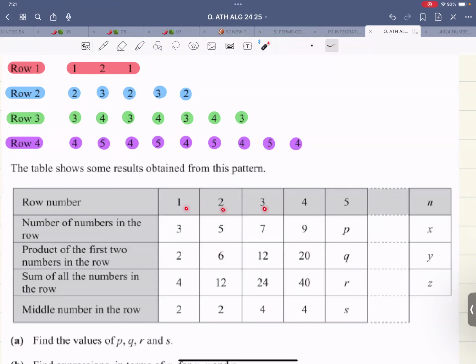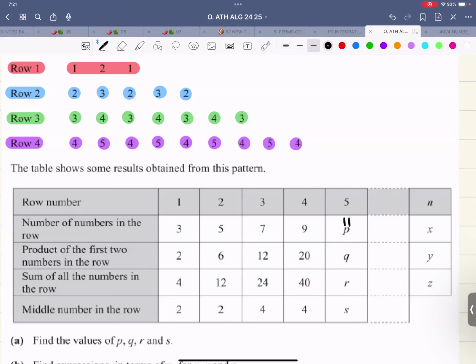Row number 1, 2, 3, 4, 5. Number of numbers in the row. Row 1 has 3, row 2 has 5, row 3 has 7, row 4 has 9, row 5 has P, and this is denoted by X. So now the numbers are increasing by 2. So very simply, I can write over here that P comes out to be 11.